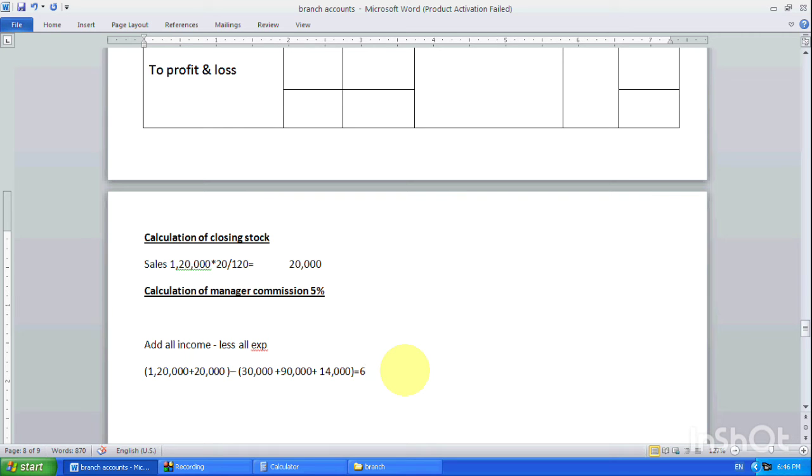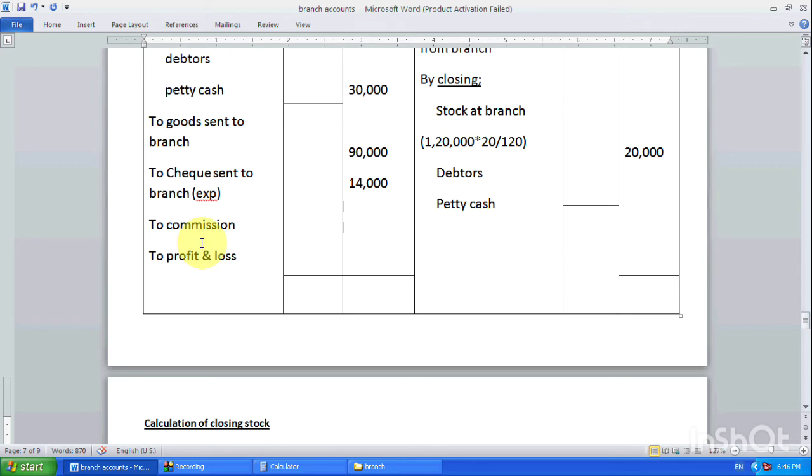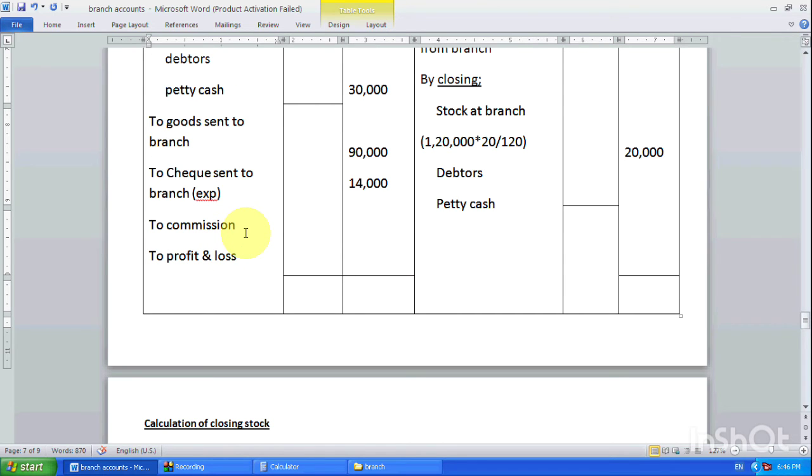profit. On these 6,000 we have to give 5% to commission, 6,000 into 5%.